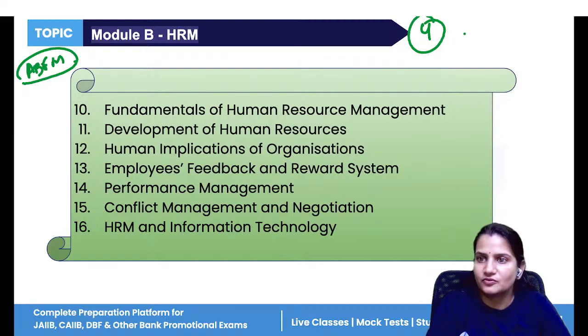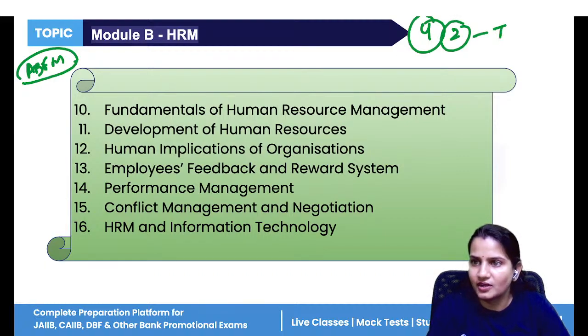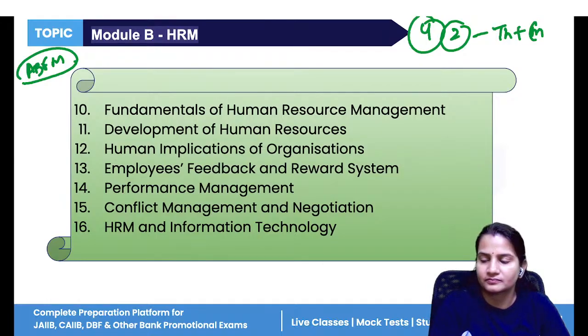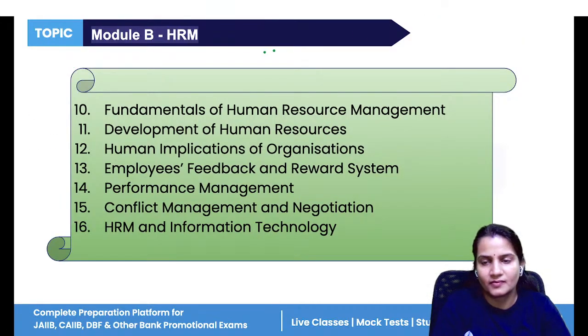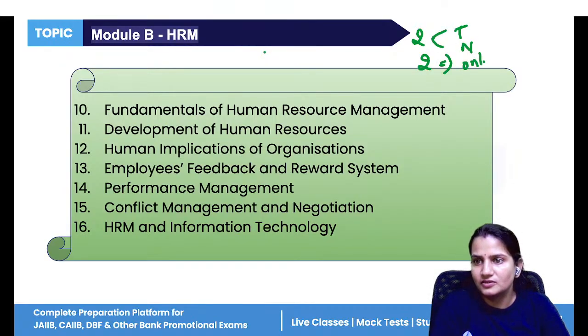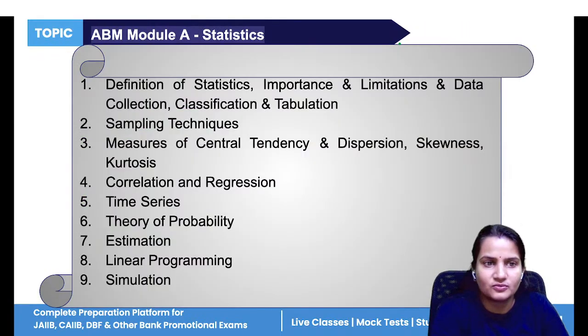Among those four modules, two modules are theory plus numericals, and the rest of the two modules are only theory. Which are those two modules?